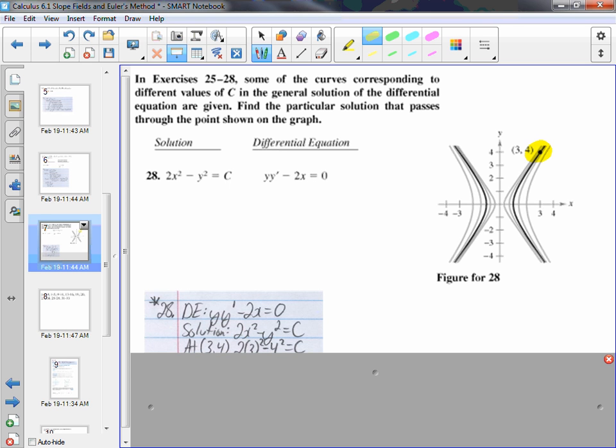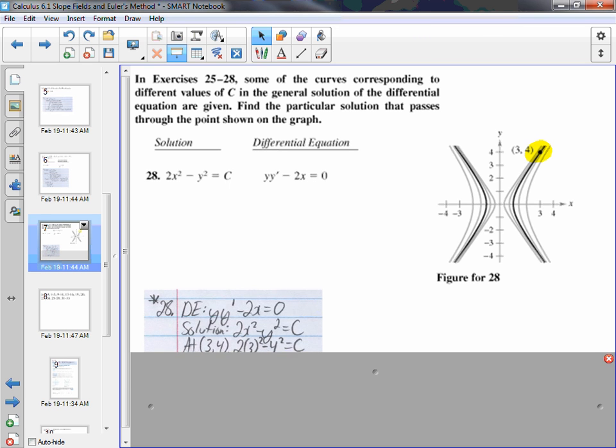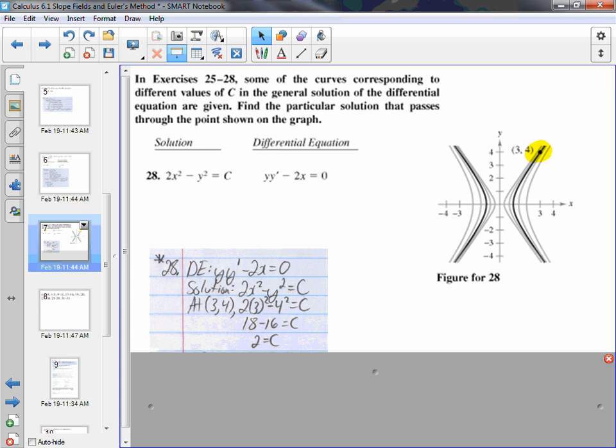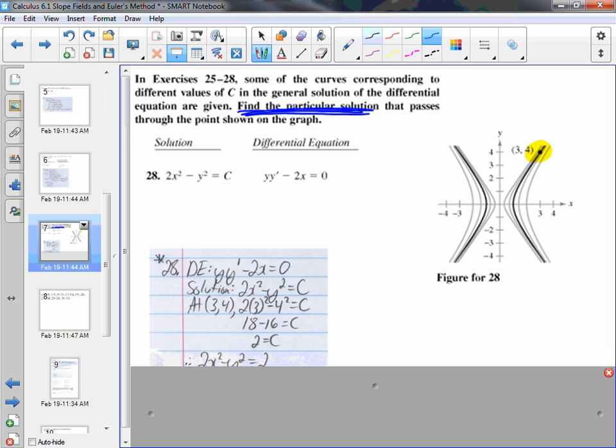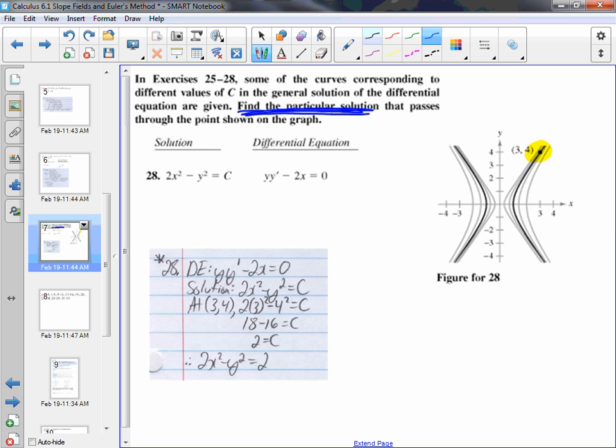So what does c equal? C equals 2. Can we, at this point, turn our general solution into the particular solution they told us to find? Yeah, all we got to do is replace c with 2. We never even used the differential equation.